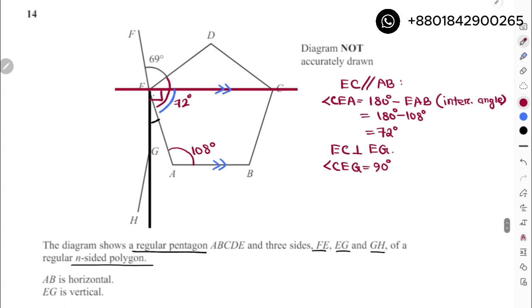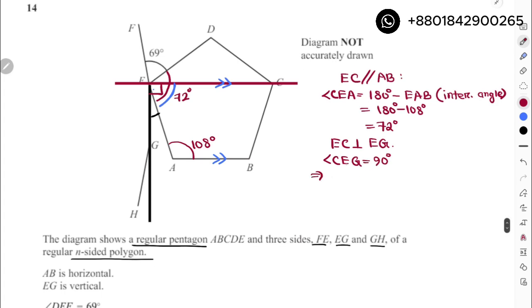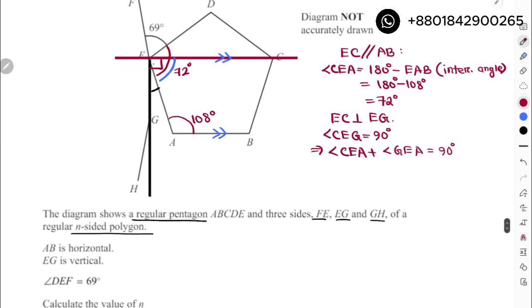This angle CEG was actually made up of angle CEA plus angle GEA, right? The combination of this black and blue was creating this 90 degrees. Now, in order to find GEA, I just have to subtract CEA from 90. And what is the value of CEA?